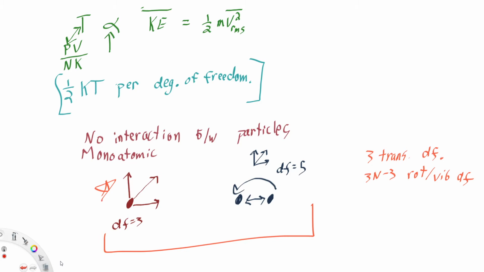But if we have a monoatomic particle, it's got 3 ways that it can move, so the number of degrees of freedom it has is 3. So the total kinetic energy that it's got is actually 3 halves kT. So 3 degrees of freedom, so 3 halves kT. And on the other side is still 1 half.